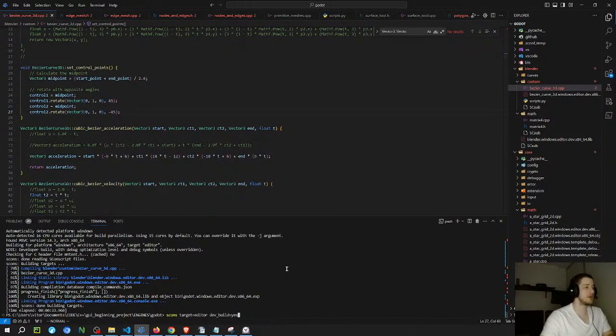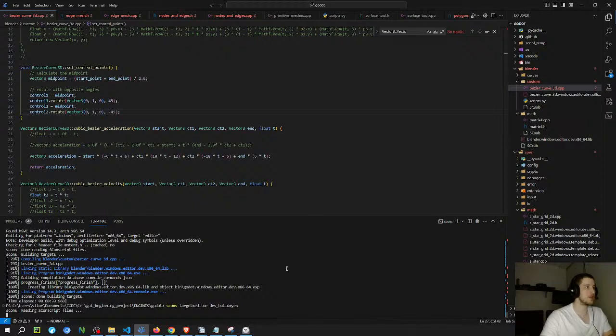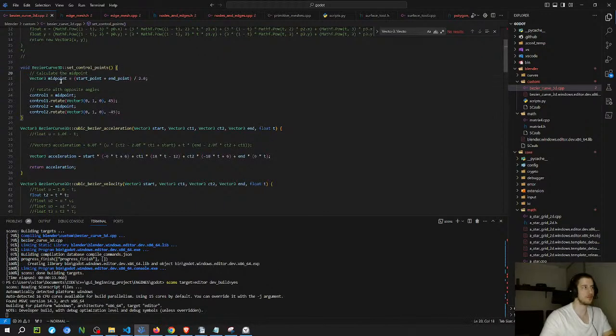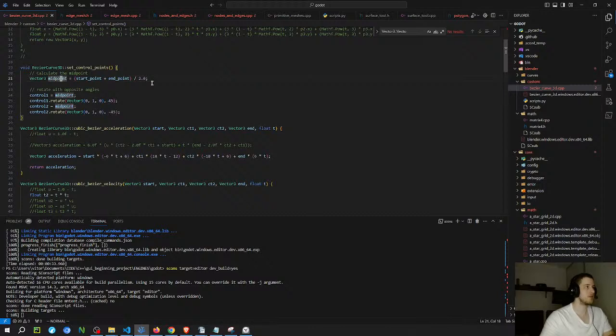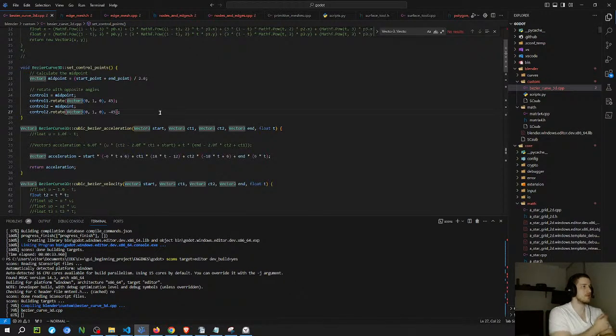So I'm defining the control points that make up the Bezier curve based on the midpoint, the point in the middle between the end and the beginning of the curve. I put both points in the middle, and I rotate control 1 by 45 and control 2 by negative 45, because in my mind, they're gonna be on opposite sides.